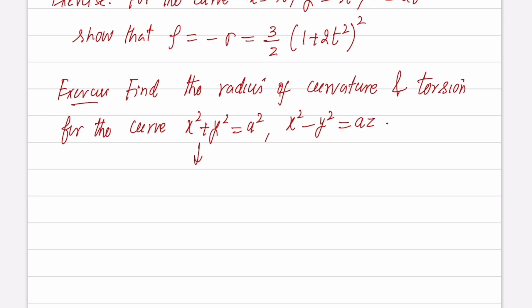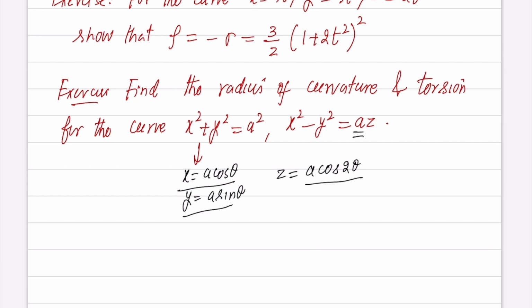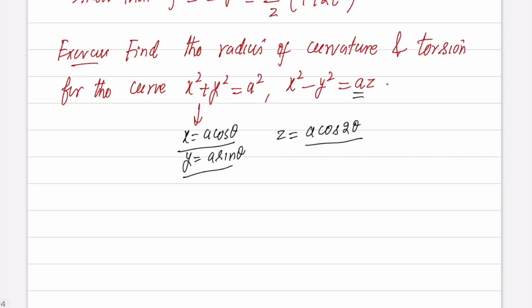The first curve is the circle, so x is equal to a cos theta, and we can take y equal to a sin theta. Then x square minus y square is a square cos 2 theta, but we already have one a here, so we write z equal to a cos 2 theta. That's how we obtain the parametric representation of this curve.